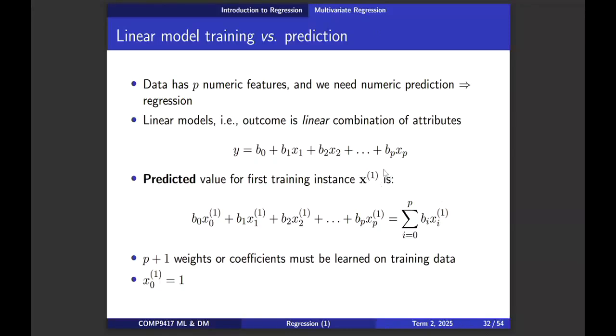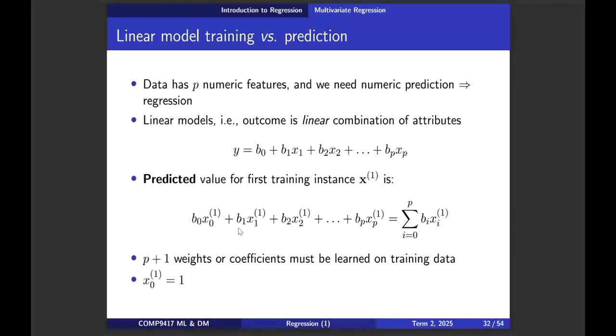Okay, so that's what that means. So the first training instance, the predicted value, the y hat, if you want to think of it as that, is going to be the b0 parameter value times x0 for the first example. And we're going to see that that's always going to be 1, the constant value 1.